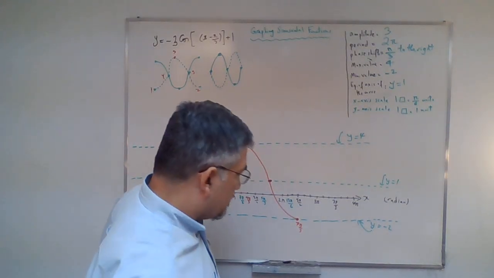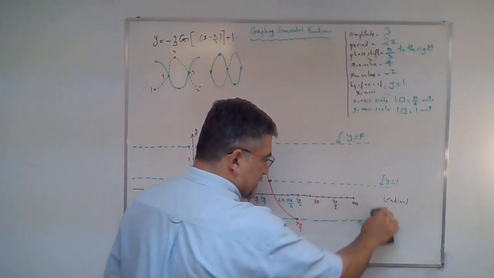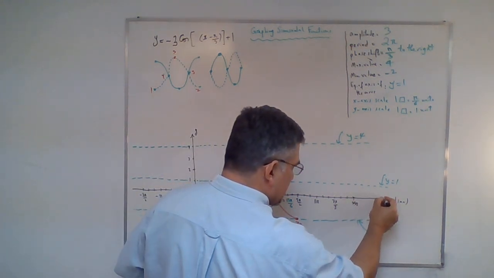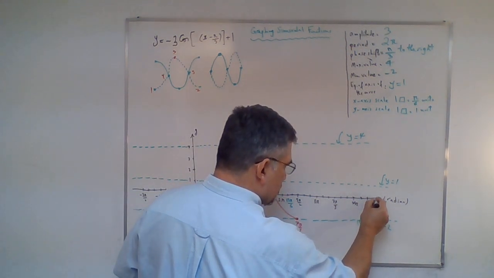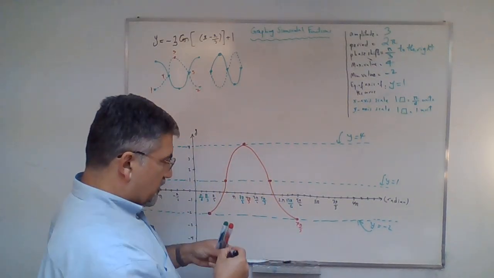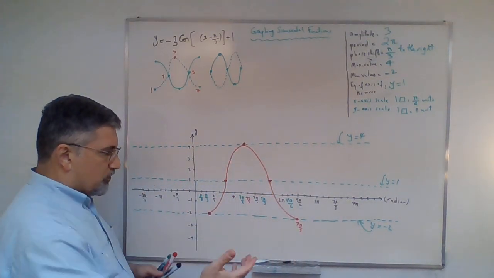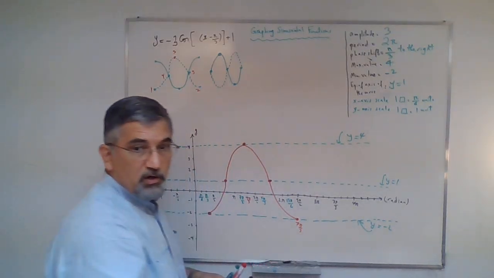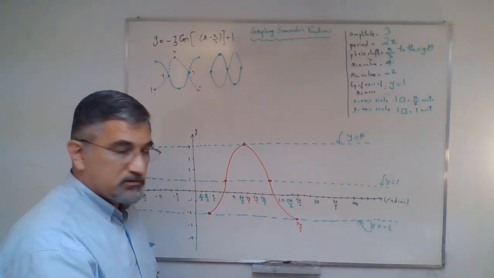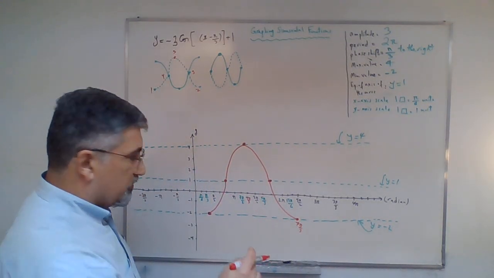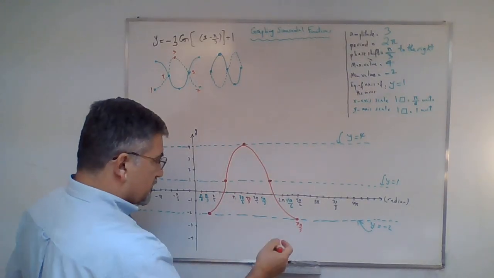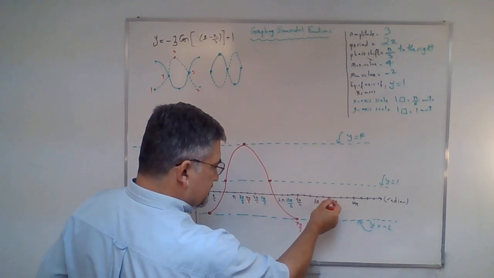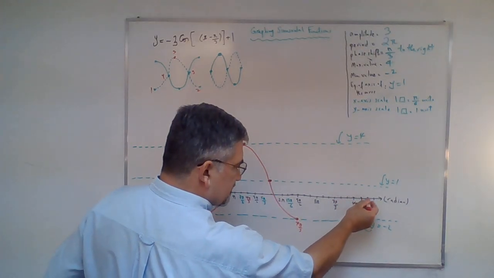So let me increase the size of the x-axis here a little bit, because I may need more. So 1, 2, 3. Okay, so we know that 12 tick marks. So from here, 12 tick marks. If I move forward, that's going to be the end of the other cycle, the second cycle. So we were at 7 pi over 3. So 1, 2, 3, 4, 5, 6, 7, 8, 9, 10, 11, 12.